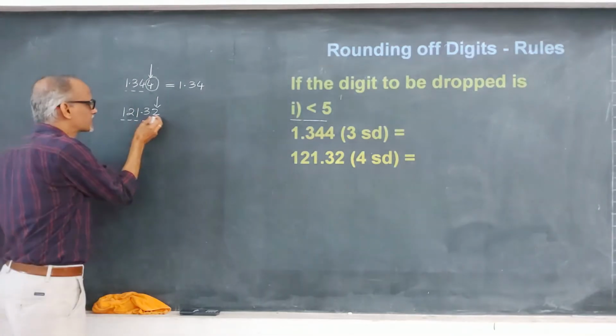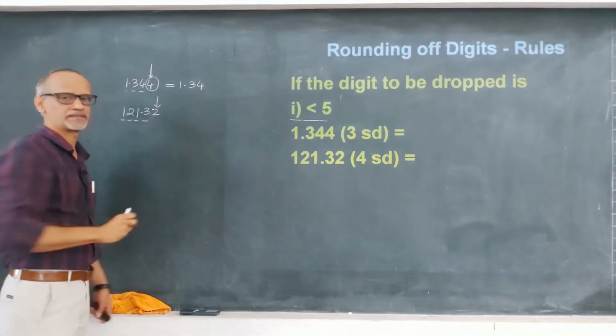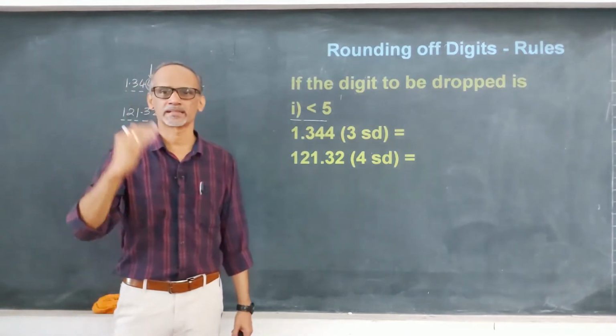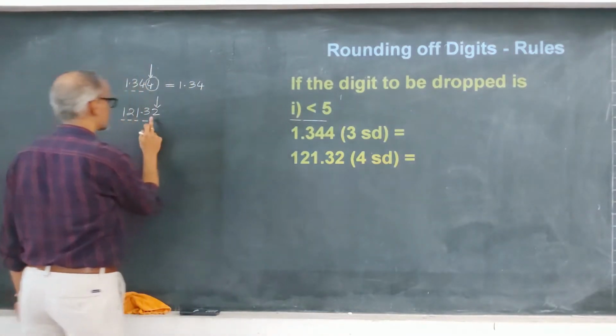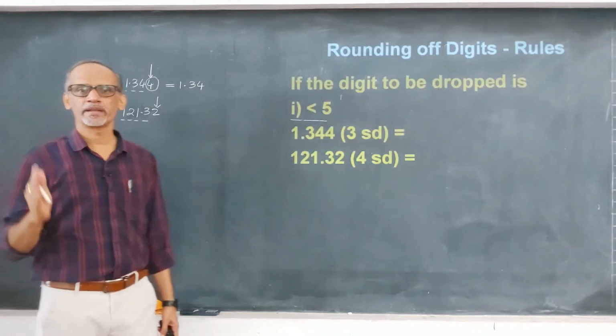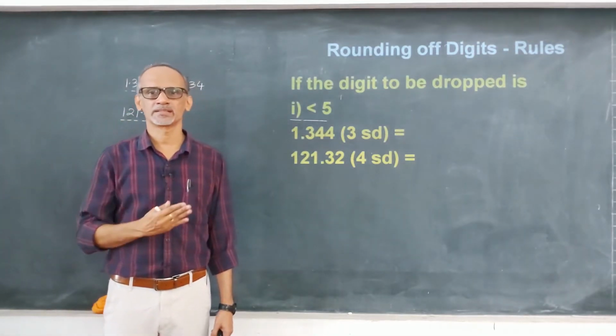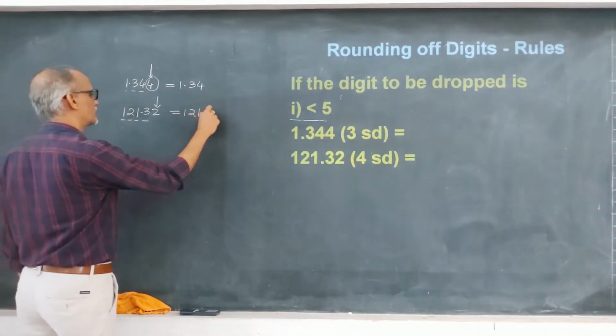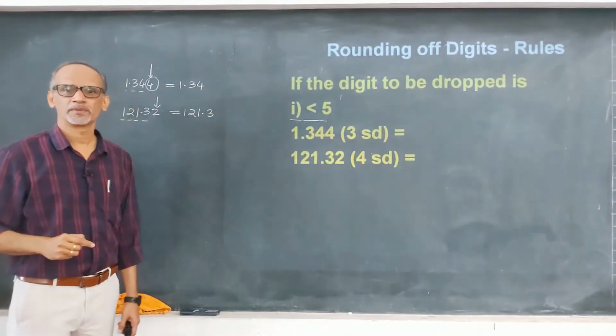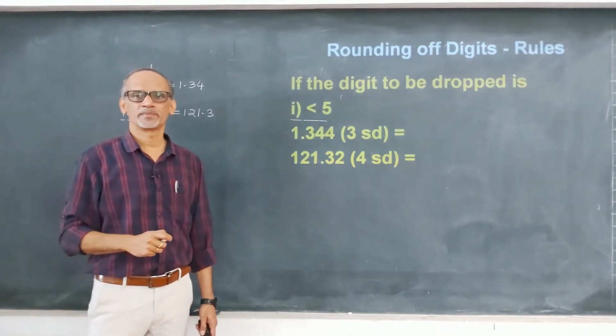But this is the next digit beyond which we have to drop, that means we have to neglect. Are you clear? Is it lesser than 5? Yes, it is lesser than 5. So, what does the rule say? Retain all the previous digits as they are without modifying. Therefore, the answer is 121.3. I hope it's clear, whenever the digit to be dropped is lesser than 5.